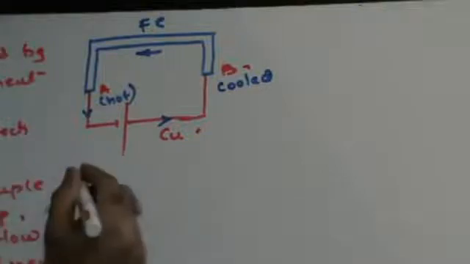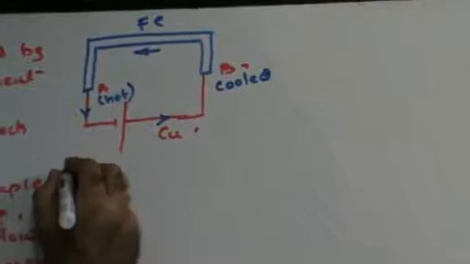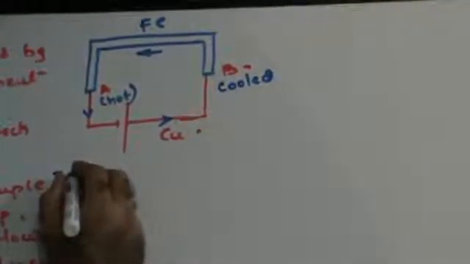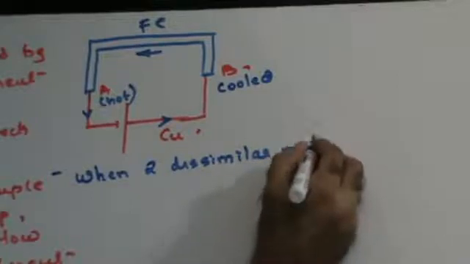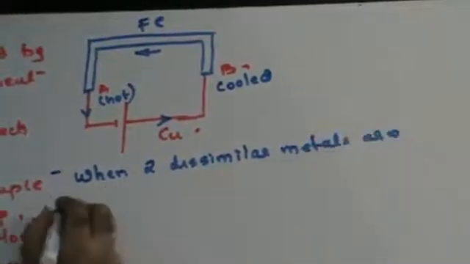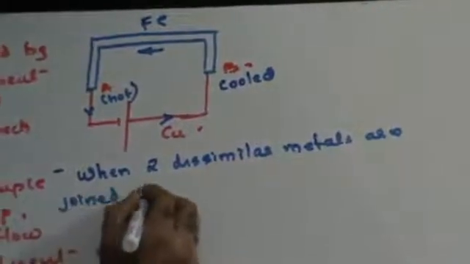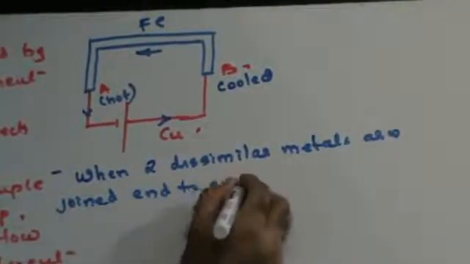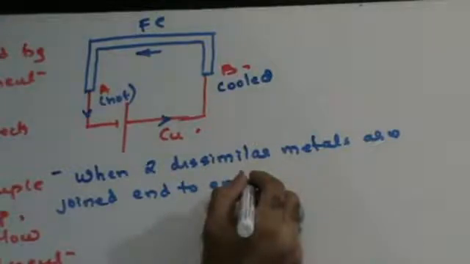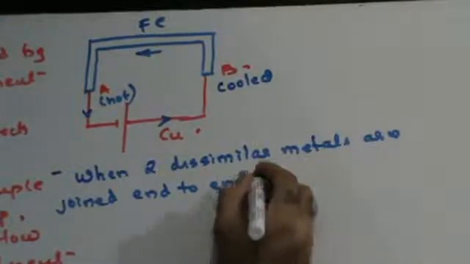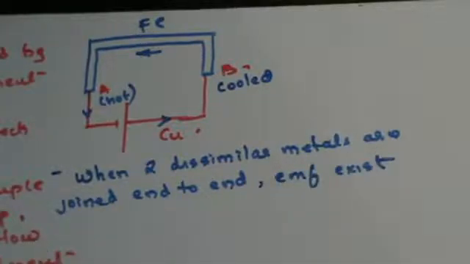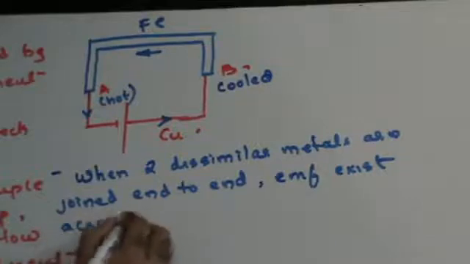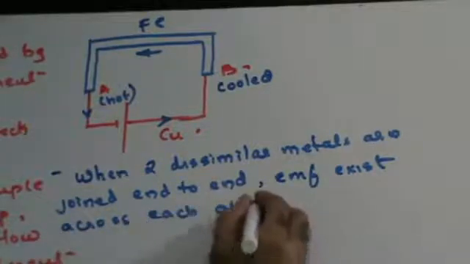Now, I can say that when two dissimilar metals are joined end to end, EMF exists across each of the two junctions of the thermocouple.